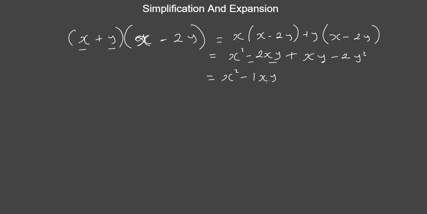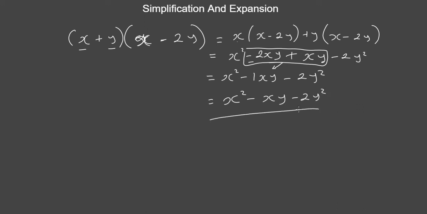You just write the same variable xy. Then the last part is minus 2y squared. Now, because the coefficient is 1, you just knock it off. You don't need to write the coefficient if the coefficient is 1. So this is how you expand this kind of expression.